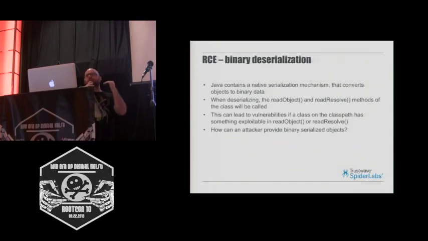So if you want special deserialization logic that does something, that writes a log file or whatever it does, every time it's deserialized, you can put code in there and it will be executed at deserialization time. So what it means is, if there is some sort of exploitable condition inside those readObject and readResolve methods, then you could get some kind of impact. But there's two things here. One, you need to have some exploitable condition in readObject or readResolve.